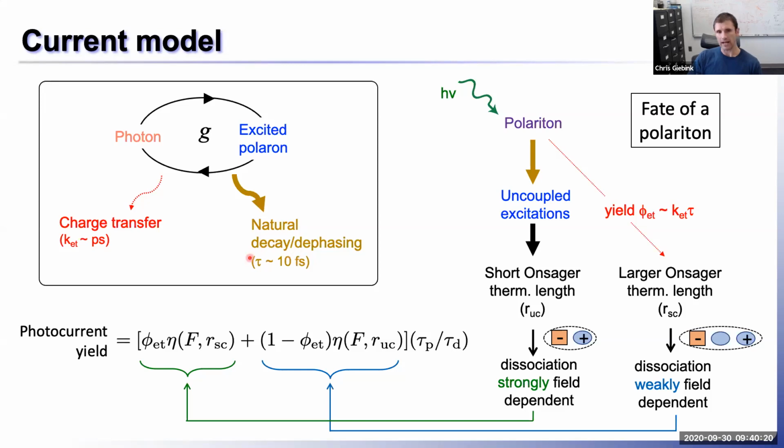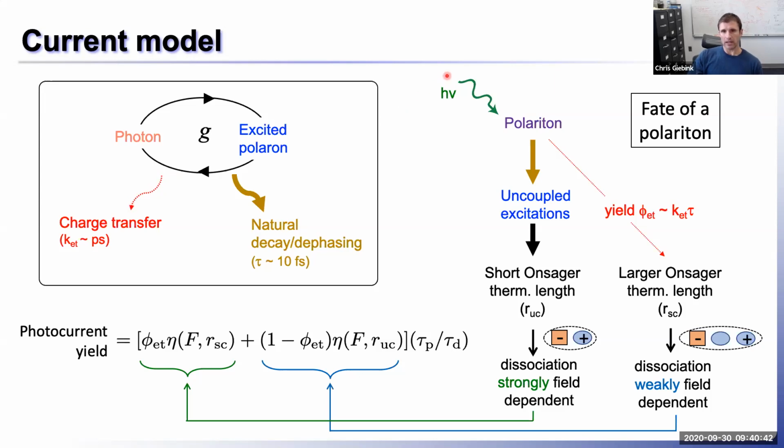This happens very fast. Our cavities are low Q, so we're talking tens of femtoseconds. Charge transfer is another possible decay pathway for the polariton. If we undergo charge transfer to an uncoupled molecule, that destroys the coherence and destroys the polariton. But charge transfer rates are typically slower, on the order of picoseconds, so this is probably not a dominant decay pathway.